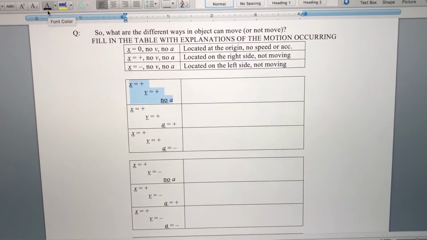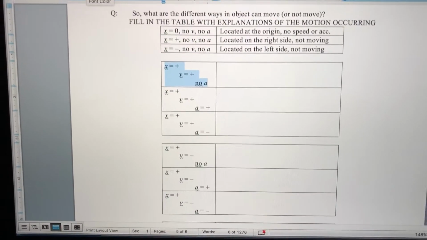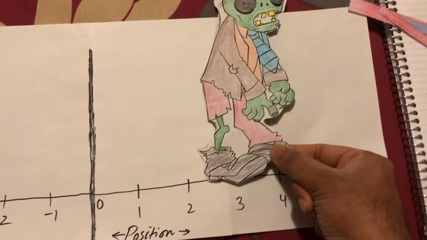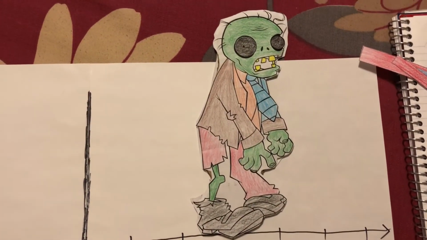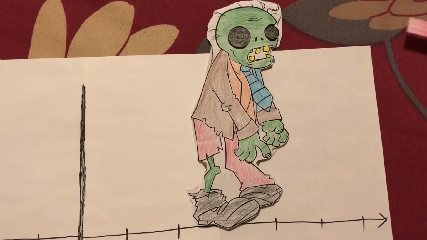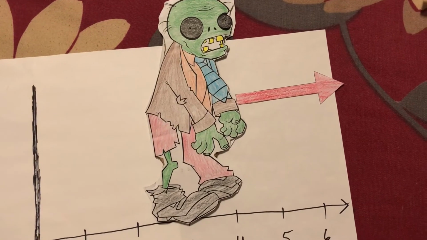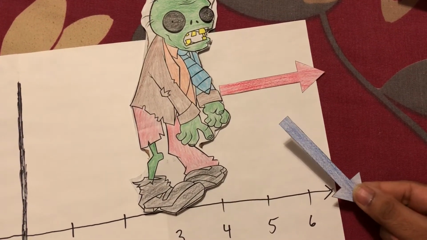Next one, the second block, first example, x is positive, v is positive, no a. So I've got to move the zombie over to somewhere positive, give it a positive speed, but there is no need for an acceleration arrow.